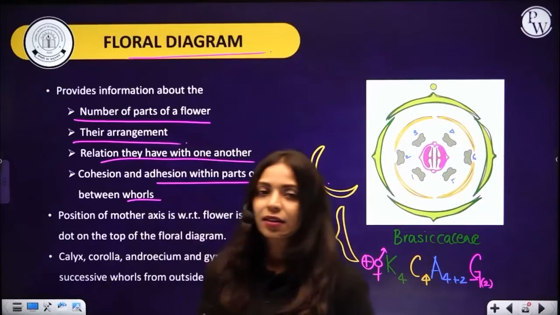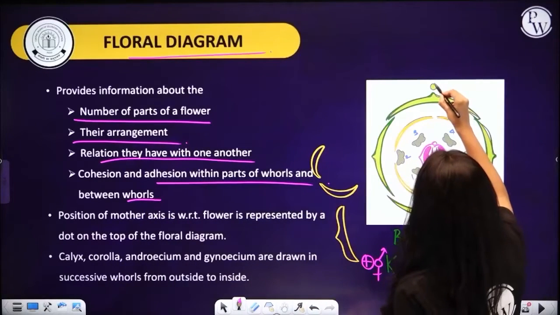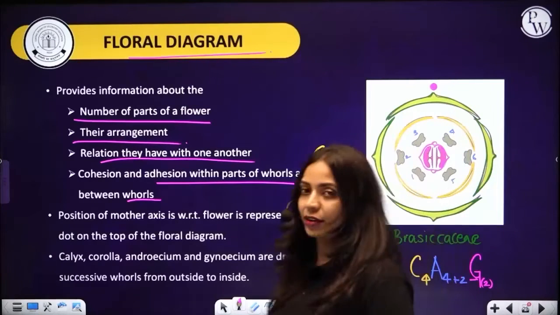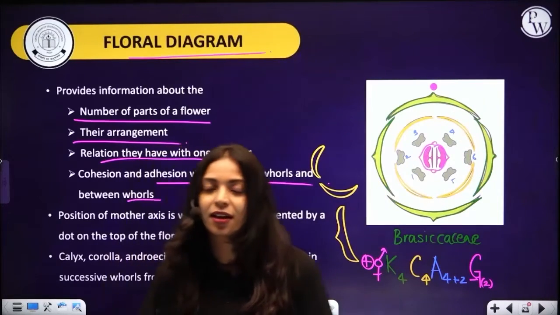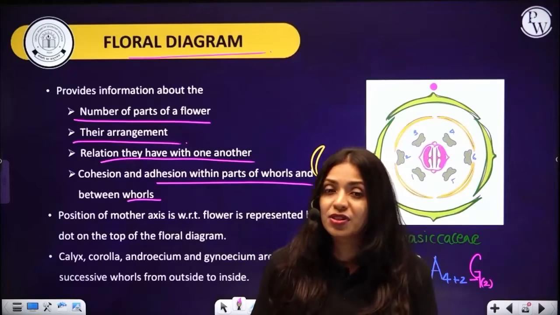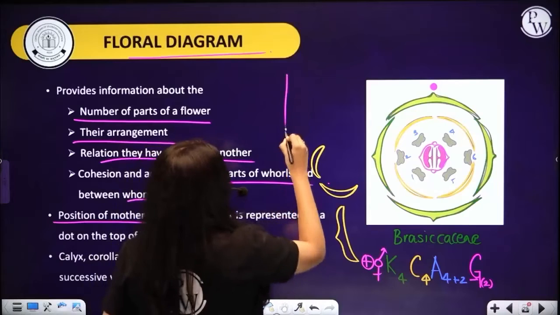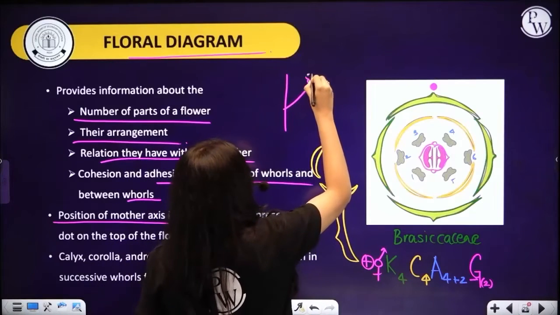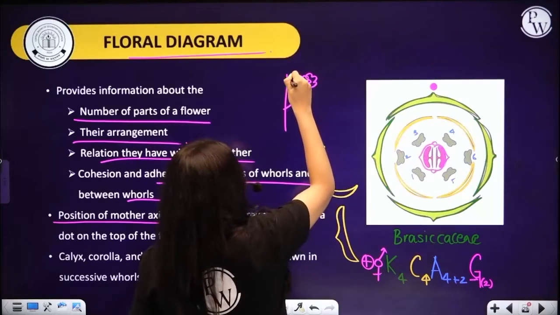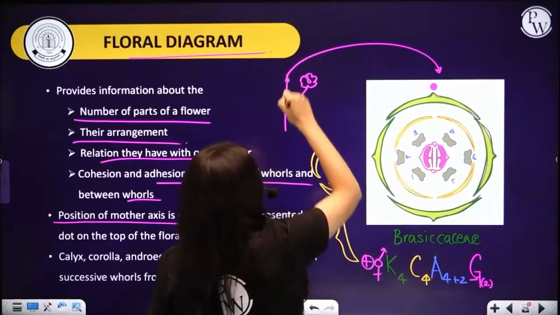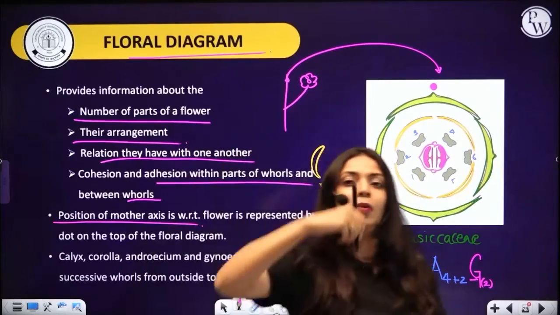All right, now you must be wondering what this dot is that is there on top of the floral diagram, or what that represents. So basically that represents the position of the mother axis. So if this is a stalk and here is where the flower is born, this point is represented as a dot here. This is called the mother axis. That is the axis from which the flower will arise.